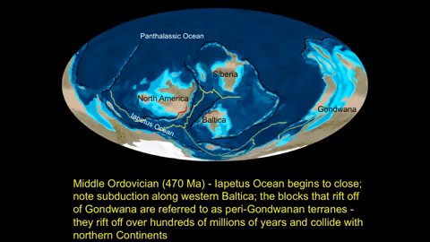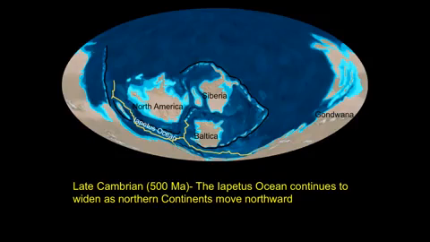We go back to the Middle Ordovician, where now there's multiple fragments, and Gondwana is now on the far side of the globe. That's why we see it split in this diagram, both to the west and the east, but it's on the opposite side of the globe from North America, Siberia, and Baltica.